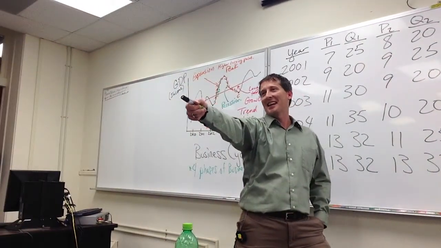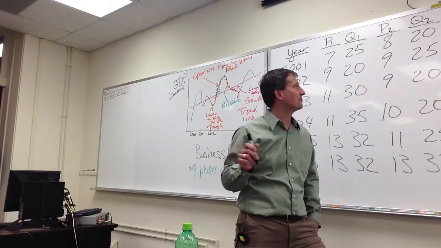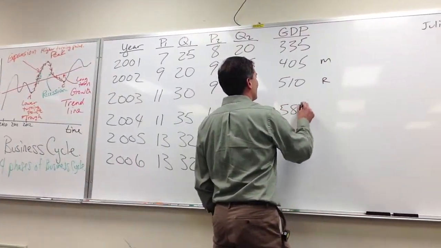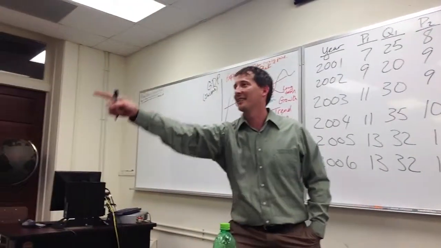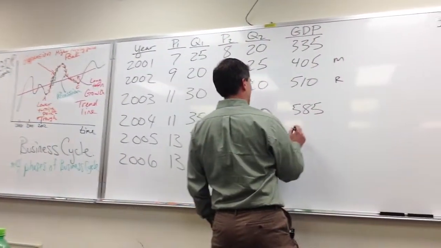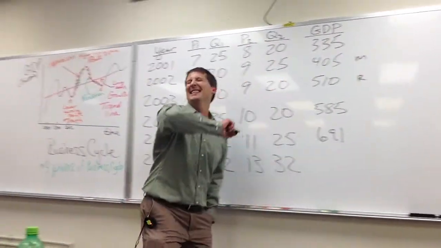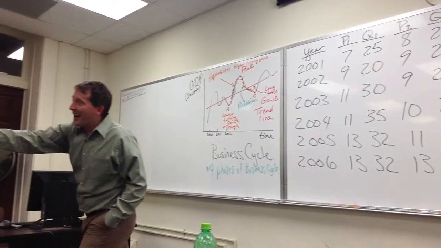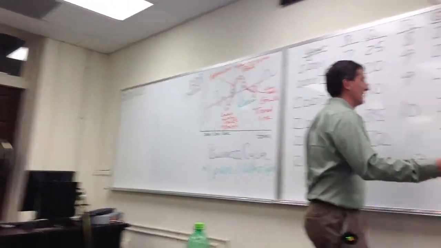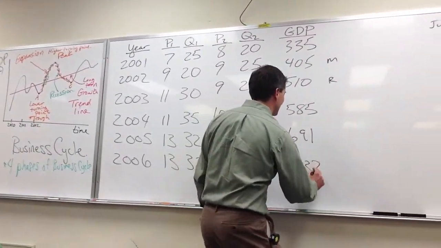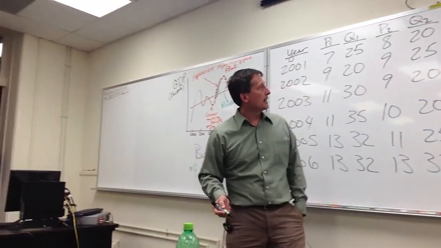I think I saw Rianne first, 585. Austin, 691. Riley, 832.